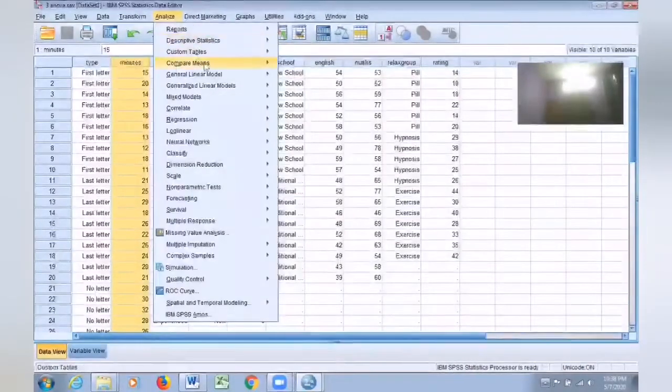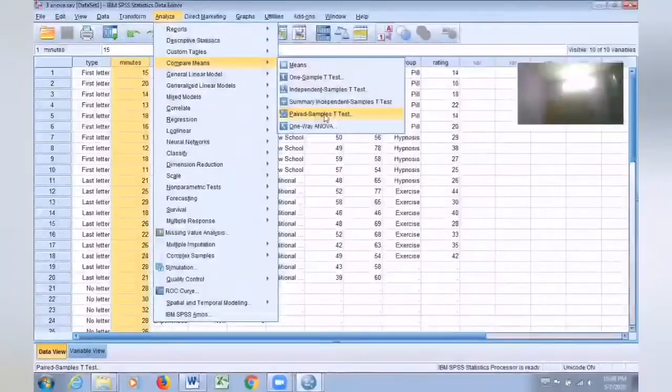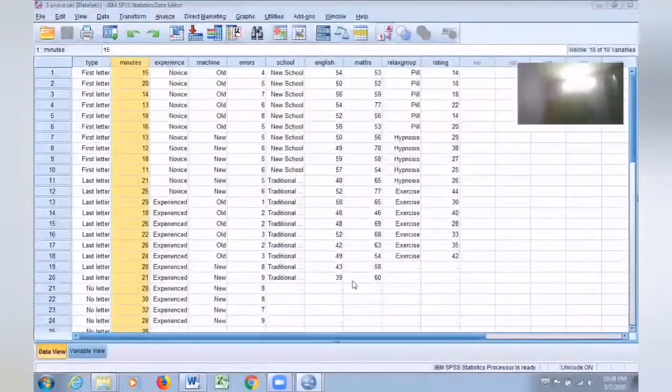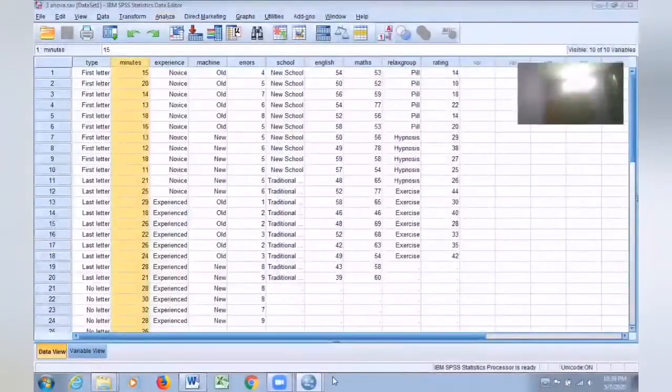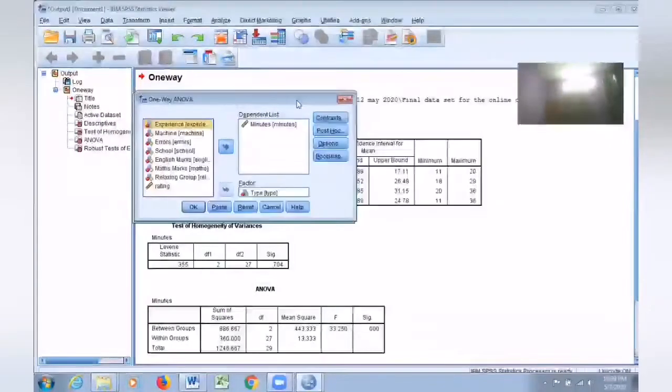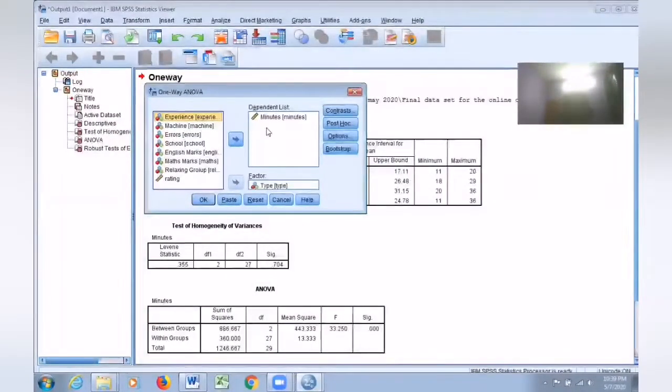So analyze, compare means, one way ANOVA. Okay, it's here. One way ANOVA table is here, and here I select post hoc.